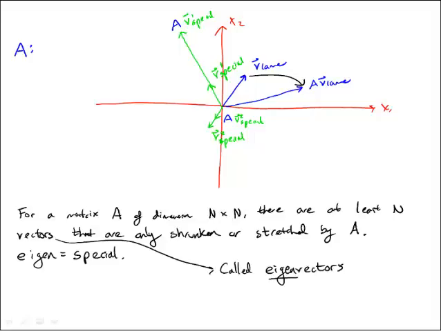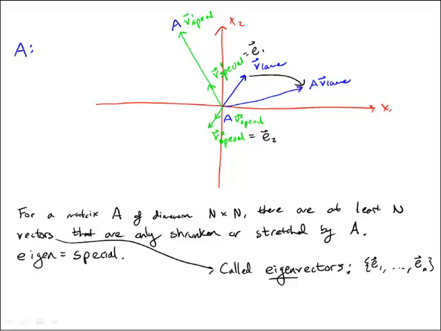And the specialness, well, they're special for a lot of reasons, but the first reason they're special is that A only stretches or shrinks them. So let's call the set of eigenvectors E1 through En. So maybe V special 1 was just equal to E1, and V special 2 was equal to E2.